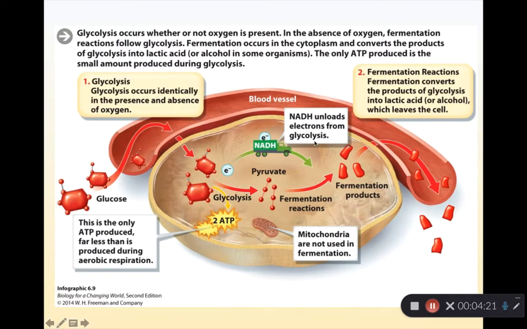While fermentation is a way to create energy and is often used by cells where there is no oxygen present, think archaea, think about bacteria in extreme environments, it is a process to create some ATP, but it's nowhere near as efficient as the transport mechanisms we get with aerobic respiration.